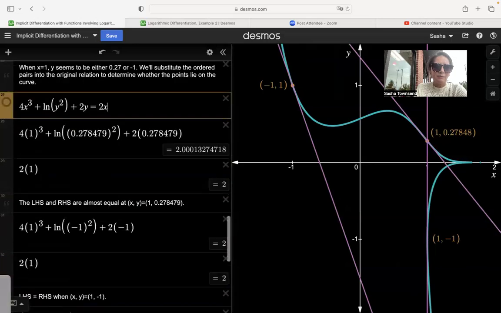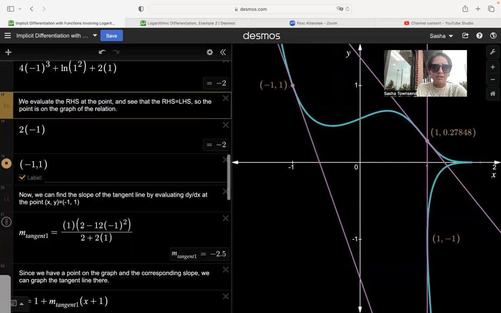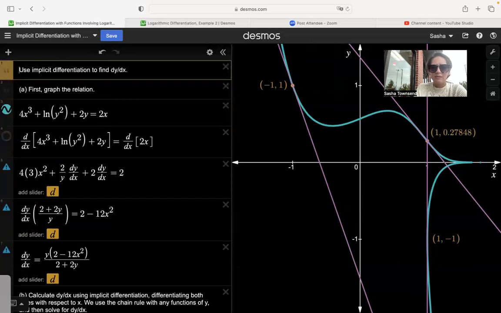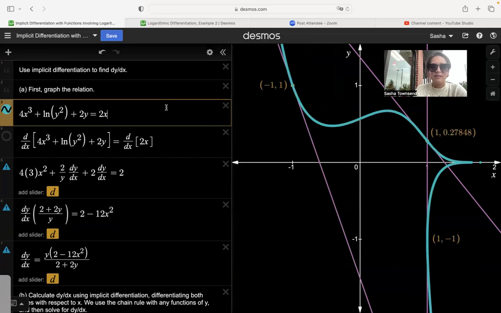So that is how we do some implicit differentiation, and then how we can use a graphing calculator to find points on the curve, and then the corresponding slope and the tangent line there as well.